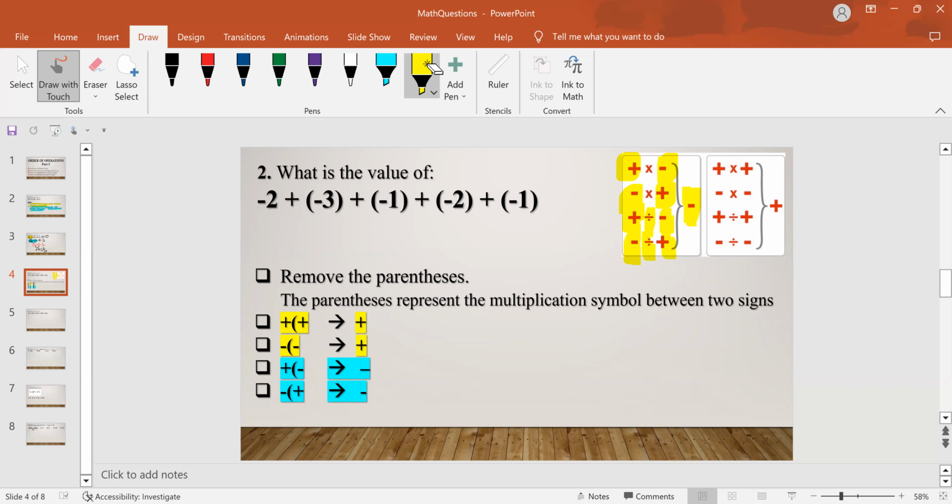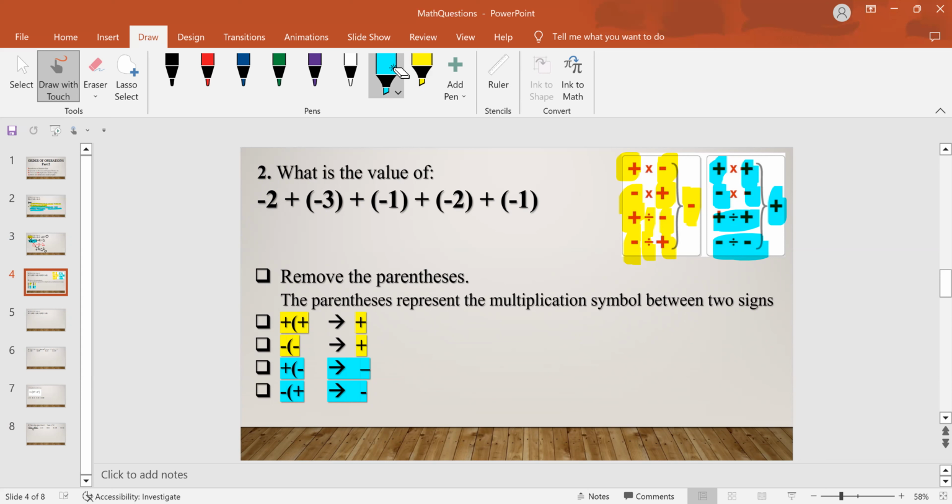So that was for multiplication and division. On the other side, positive multiplied by positive is positive, negative multiplied by negative is positive. And now division, positive divided by positive is positive, negative divided by negative is positive. So in sum, when the signs are different, the multiplication or division gives you a negative sign. When the signs are the same, the multiplication or the division gives you positive.